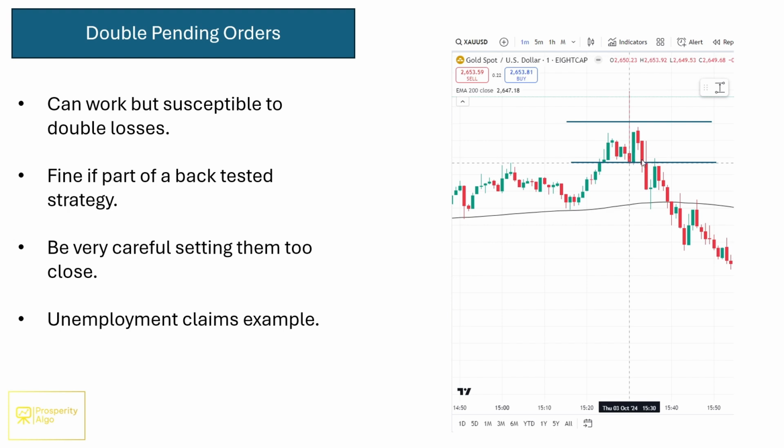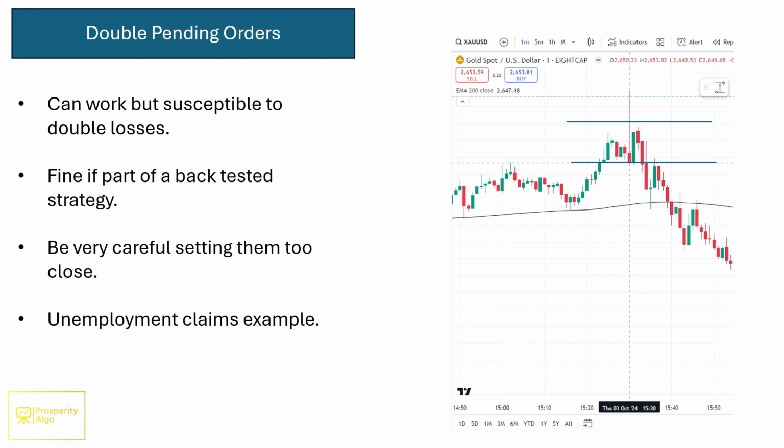And I chose this example as it shows an illustration of where you could have triggered both orders and also stopped out both orders because it first went up before going down. So the danger with the double pending order is if your move is not clean, you can have a double loss because it can both trigger and stop out both of your pending orders.